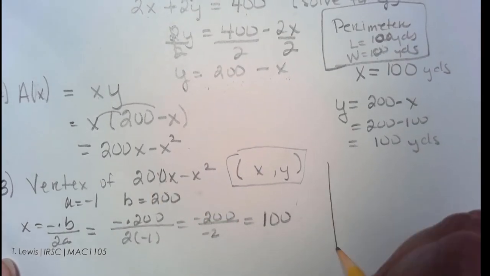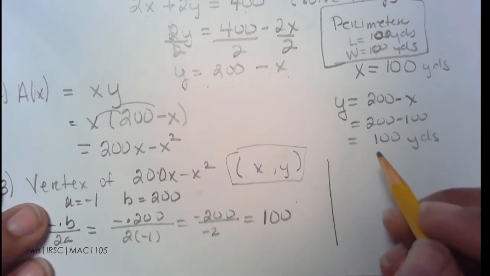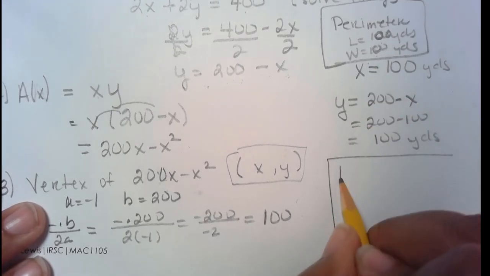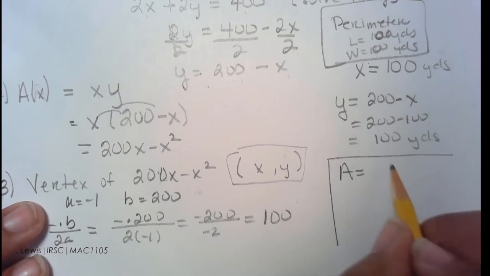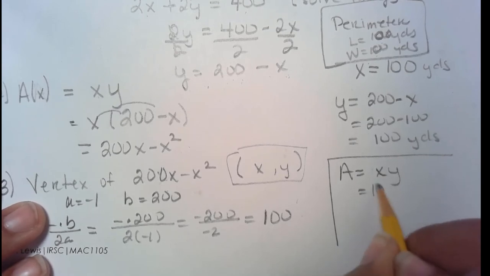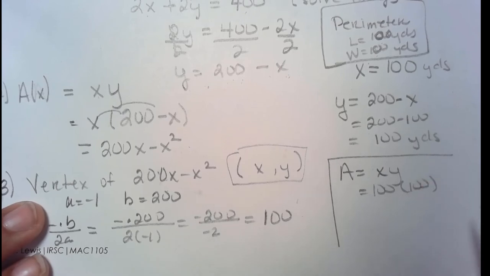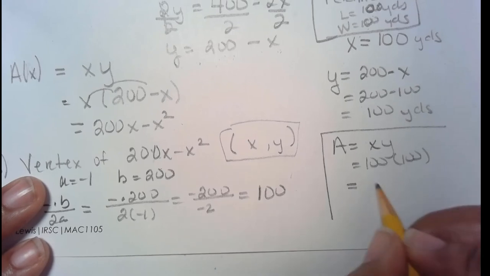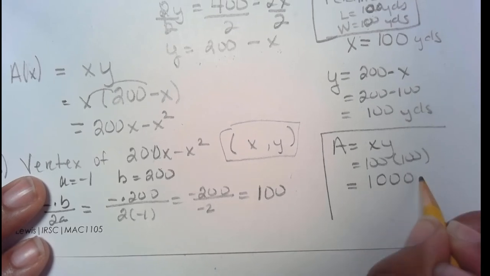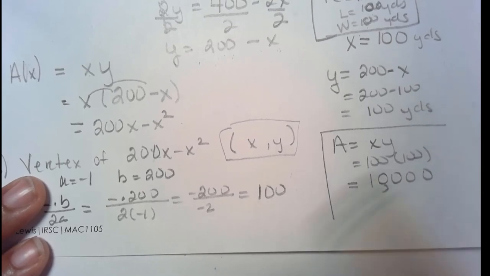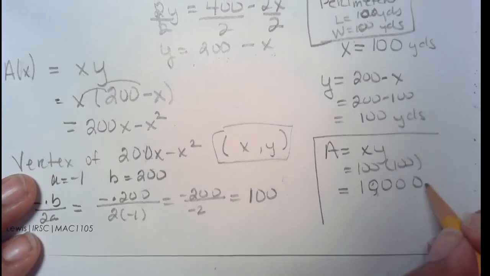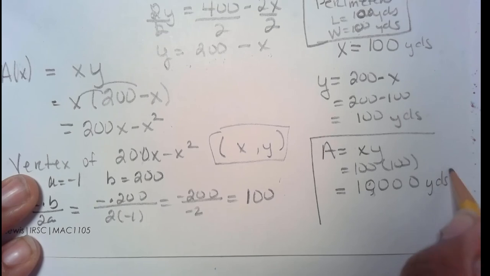Now let's find the area. We know what x and y is now. So our area, we're saying 100 times 100, that gives us 10,000 yards squared.